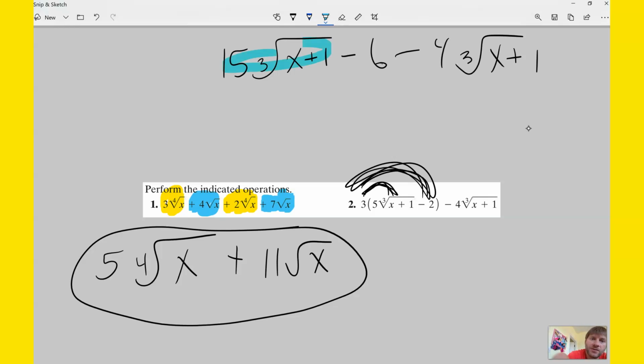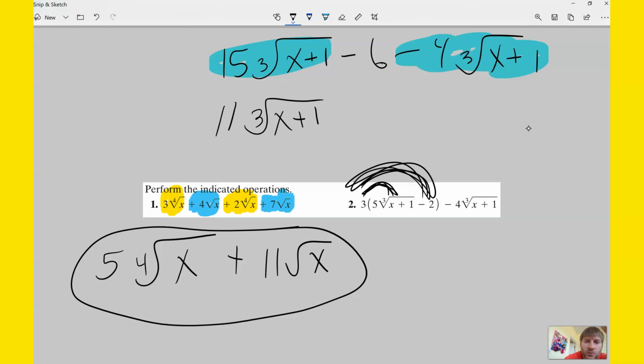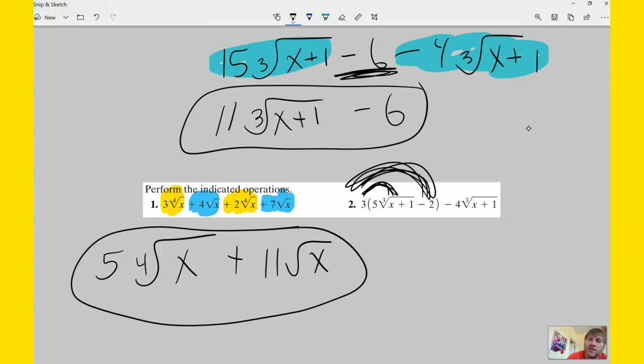Then we have this term and this term as like terms. So 15 of those things minus 4 of those things, that would be 11 of those things. So 11 cube root of x plus 1 minus 6, and the 6 does not have any like terms, so it just stays like it is, and that is my final answer to that problem.